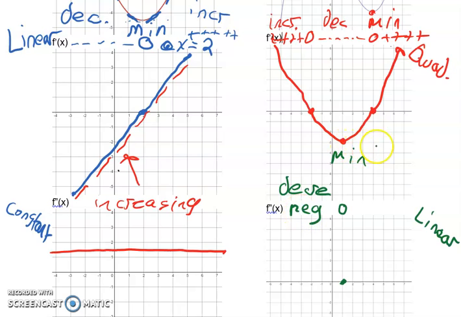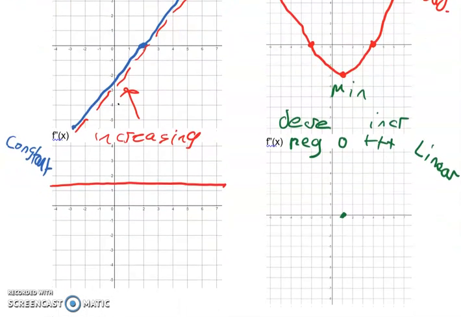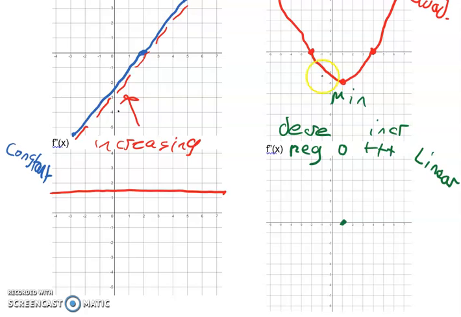And then on this side, my function is increasing. Anytime my function's increasing, my derivative is going to be positive. And again, as I get closer and closer to that minimum, my tangent line is going to get closer and closer to 0. So it's going to be decreasing, getting closer to 0, and then increasing from 0.